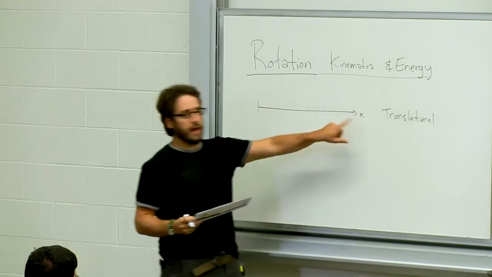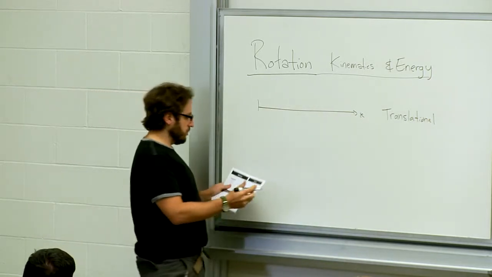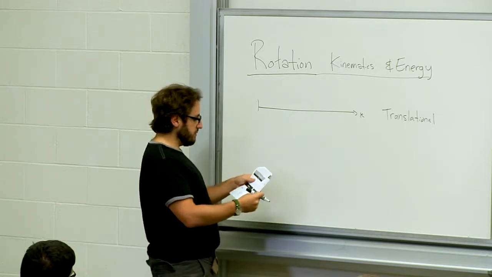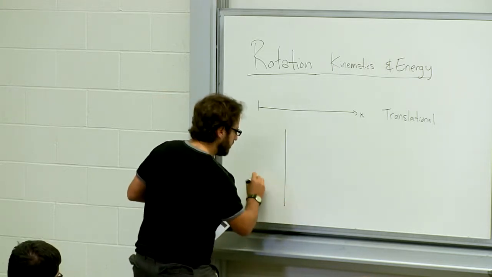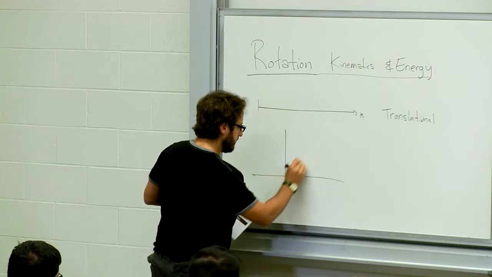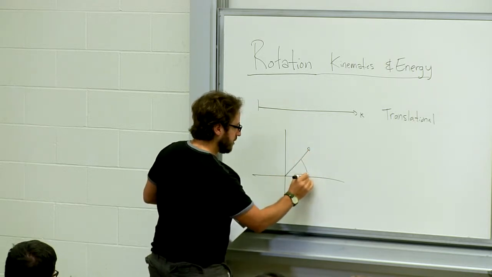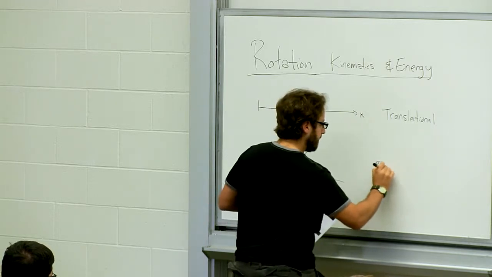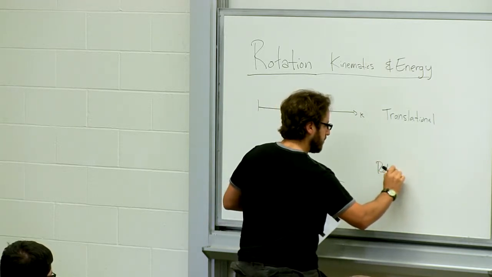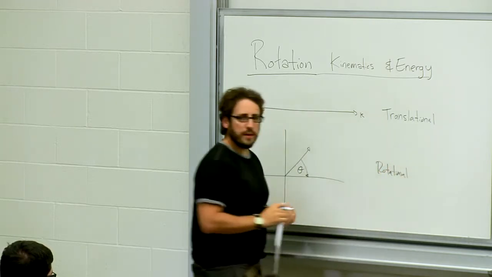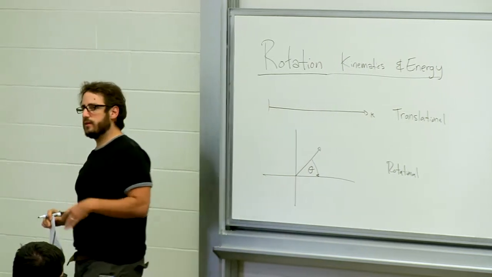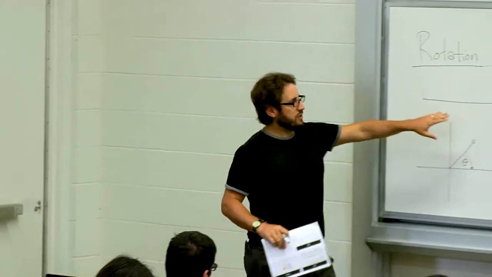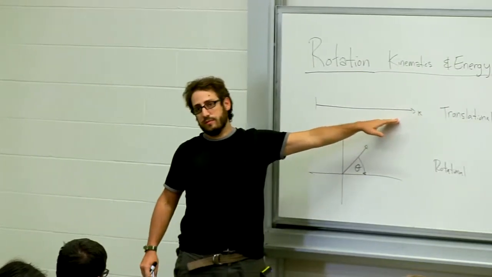Now what we're going to try to do is construct everything about rotation in terms of a coordinate we'll call theta. And everywhere we have to do something for kinematics, for movement, for energy, we're going to try to do it in analogy to what we did in translational motion.